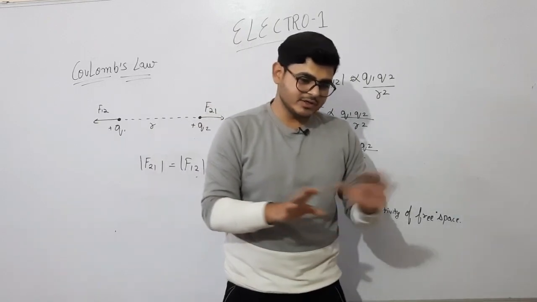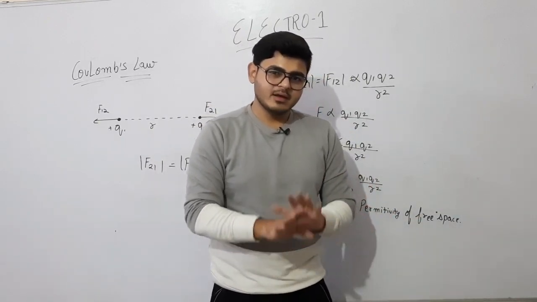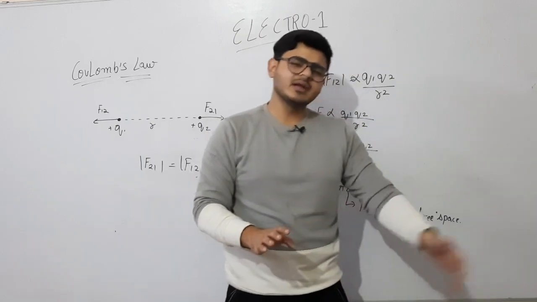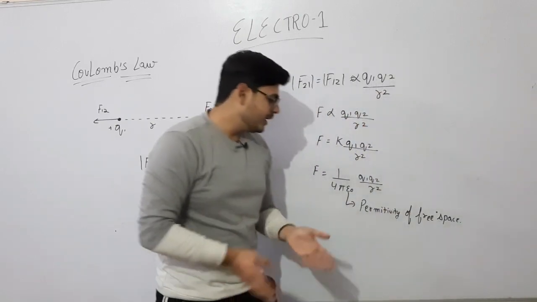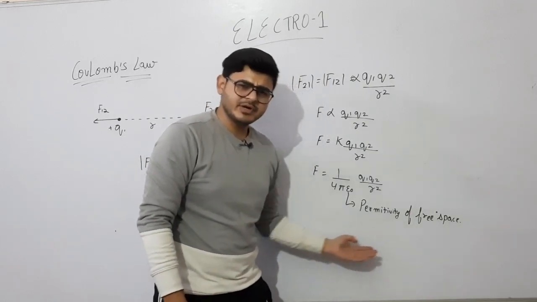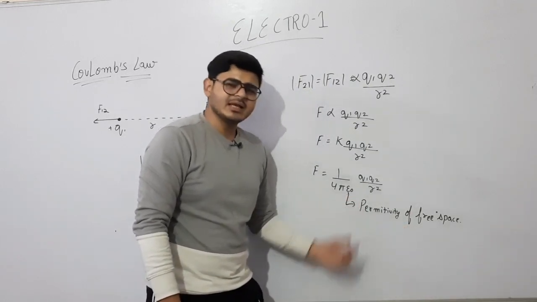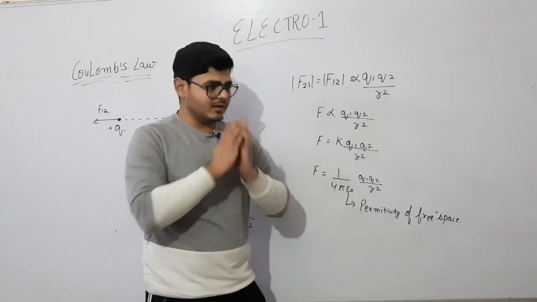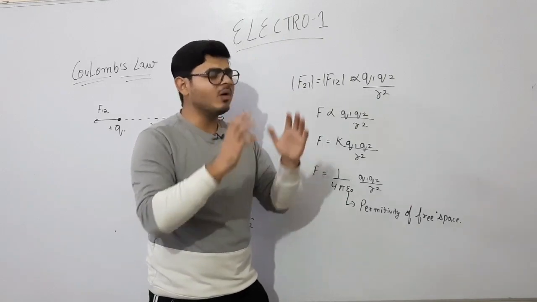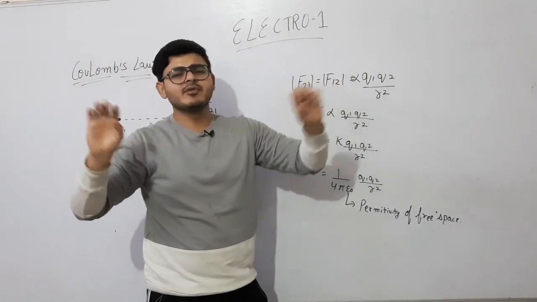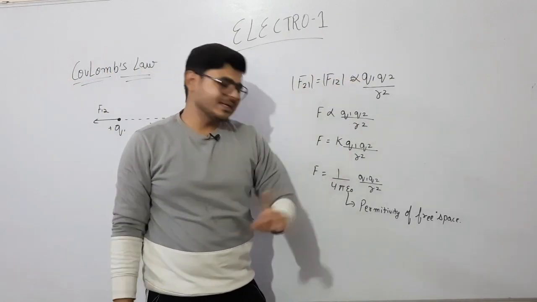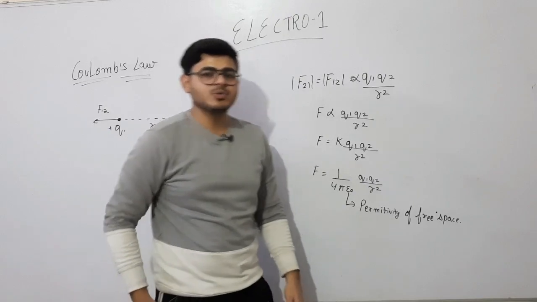I will teach that resistance later in a very deep sense. But here we can have a feeling of permittivity in free space: this epsilon gives us the idea of charges freely moving in free space without any disturbance. But yes, it has a certain value.